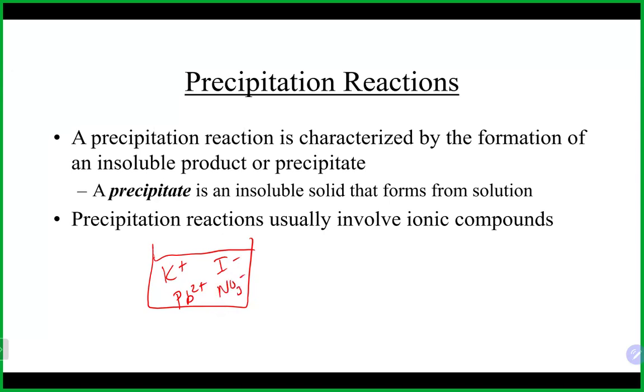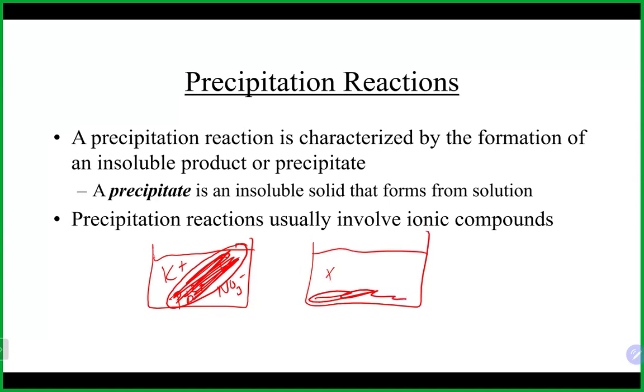When all those are floating around together, there is an attraction between the lead and the iodide, and they combine in the proper proportion and come out of solution as a solid, which leaves the other ions still floating around in the solution.